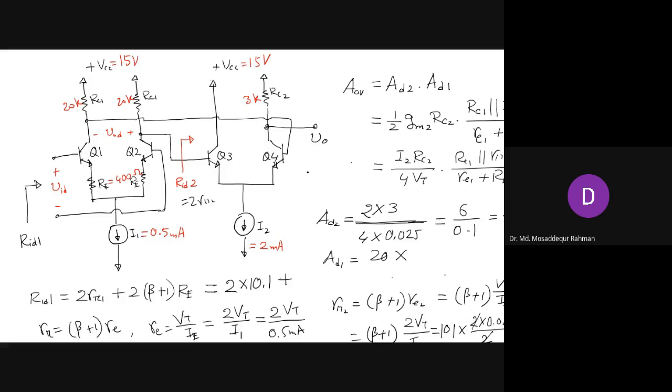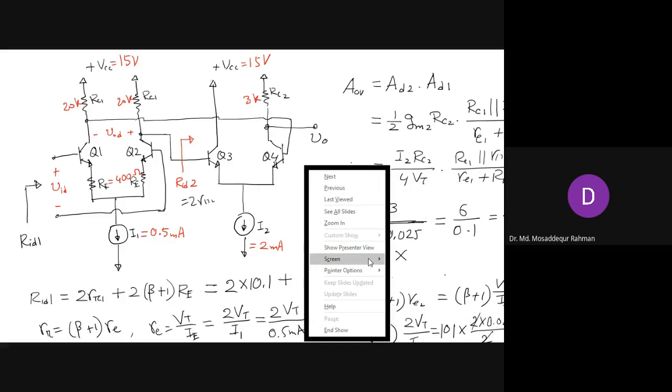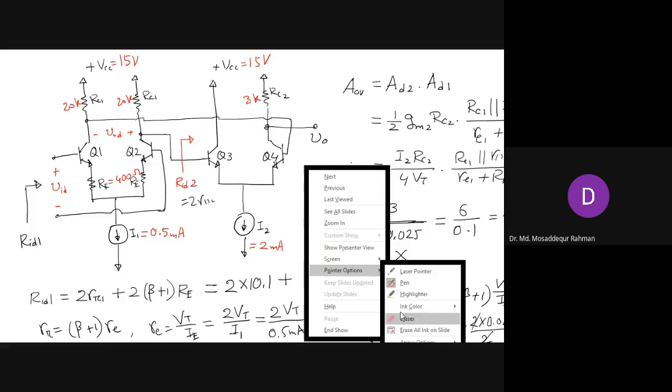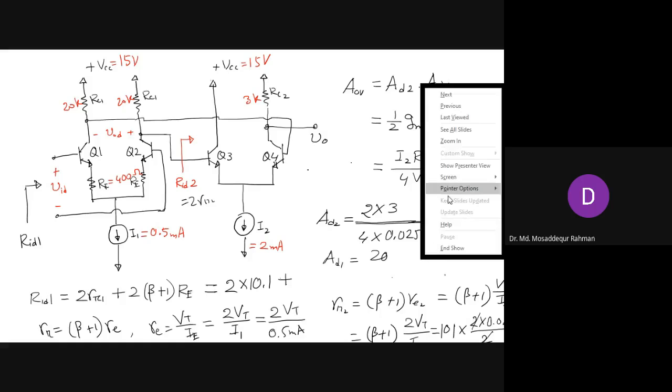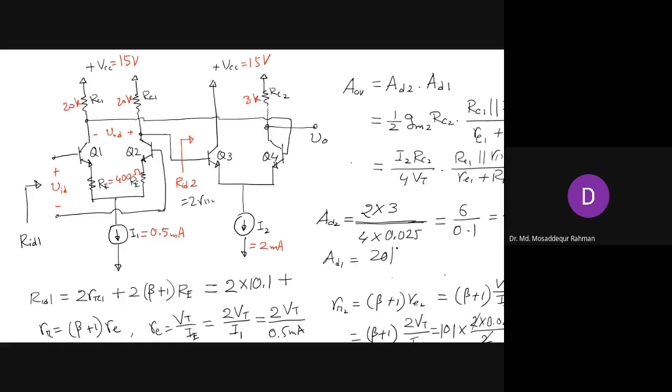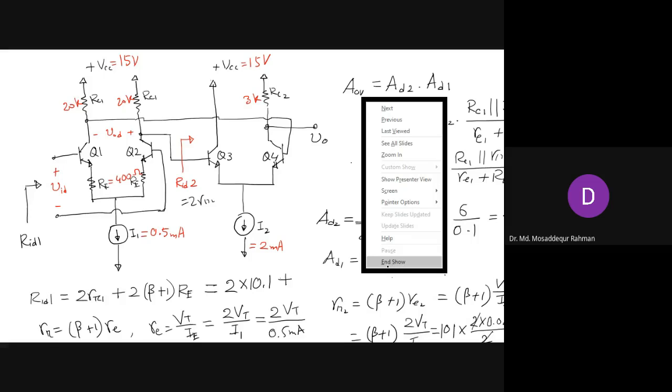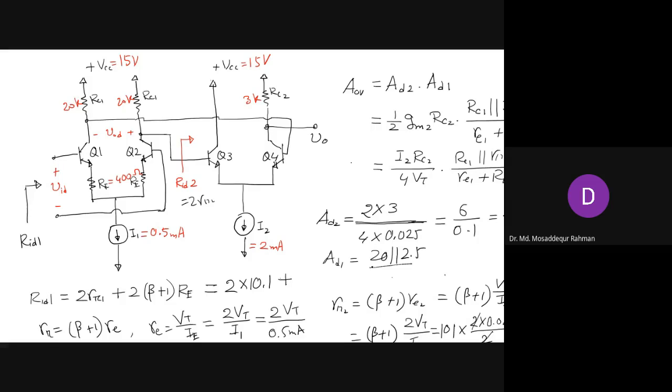So here you have 20K, and that will be in parallel with 2.5K, and that we divide by this small RE plus capital RE. Small RE was 100 ohm, do you remember? This is, I think, 100 ohm. And capital RE is 400 ohm.